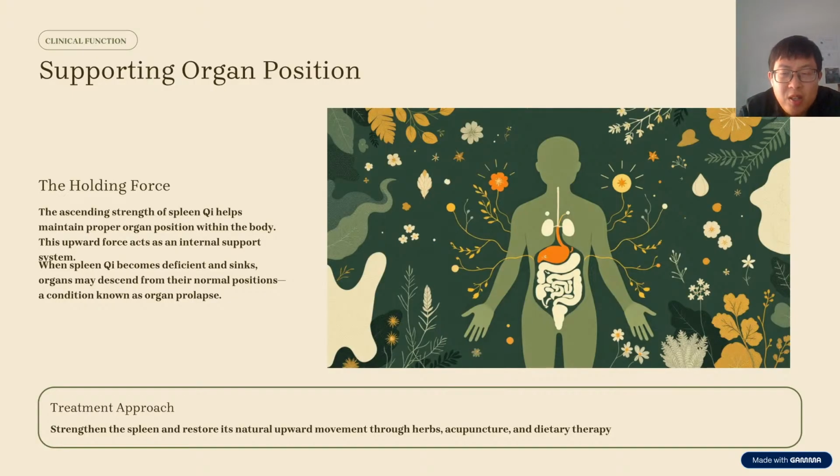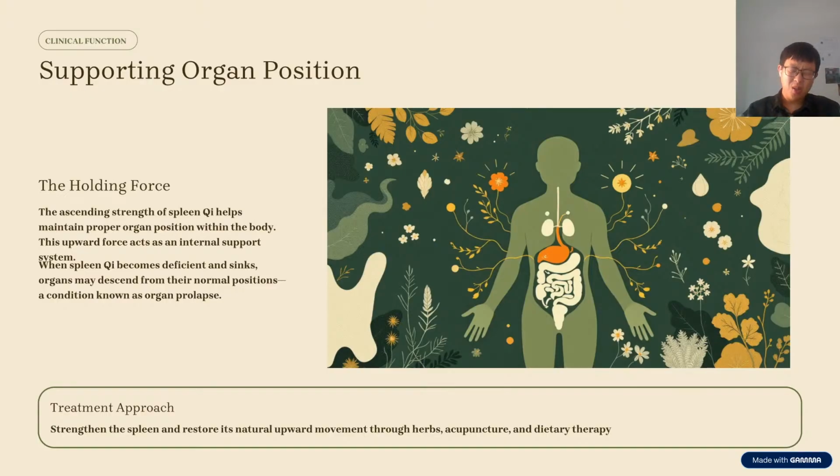When the spleen energy is deficient, organs may descend. This may cause gastric prolapse, uterine prolapse, or rectal prolapse. You must have heard about it. So treatment focuses on strengthening spleen energy and restoring its lifting ability.